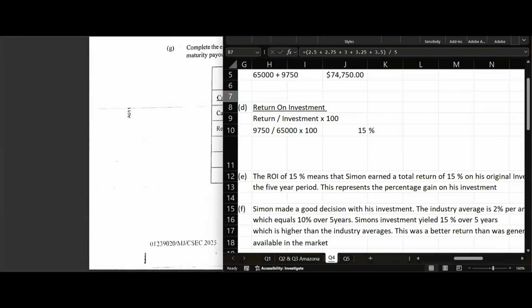Alright guys, this question had a ton of parts, A to G, but it was nice and easy for us to get those answers. Alright, lastly guys, complete the extract of the projected cash flow statement shown below with the investment's maturity payout amount to show Simon's total anticipated cash flow in year 5. This is a cash flow statement.